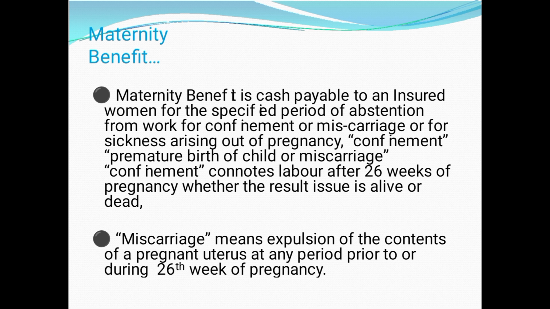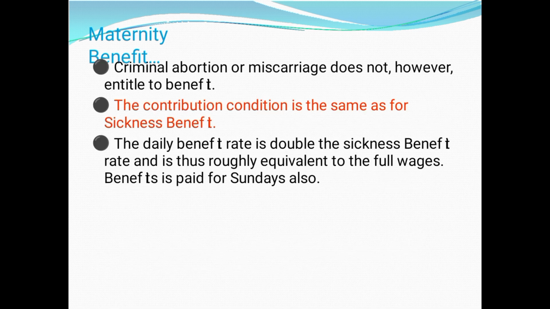Miscarriage means expulsion of the contents of a pregnant uterus at any period prior to or during 26 weeks of pregnancy. Criminal abortion or miscarriage does not, however, entitle to benefit.